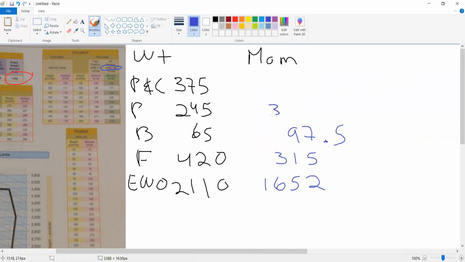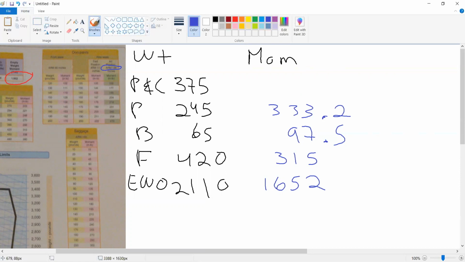So that is 333.2. Now the next one, go up, is our pilot and co-pilot. We have 375. So pilot and co-pilot will be sitting not in the rear, but in the front.